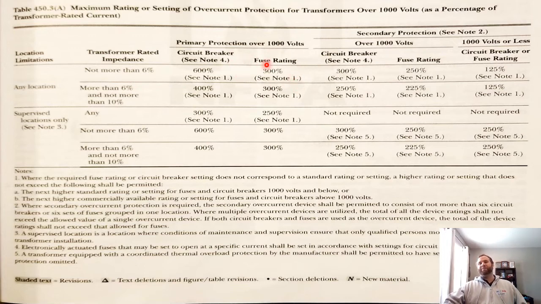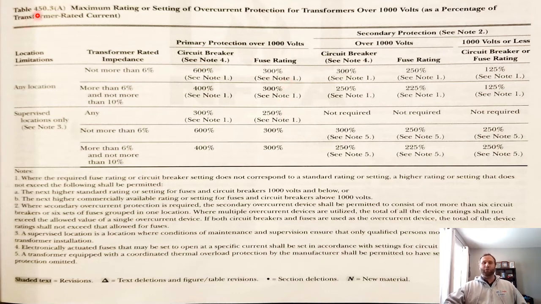I'm going to add 300% to that 100 amps that my transformer is capable of. If my transformer was capable of 100 amps on the primary, I have to multiply that 100 amps by 300% when I size my primary protection breaker or fuse, in this case, protecting that transformer.